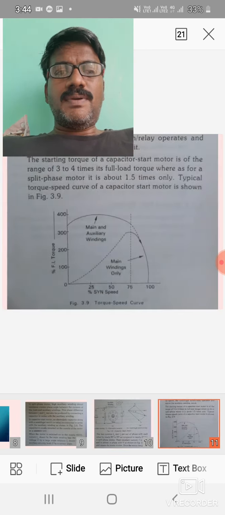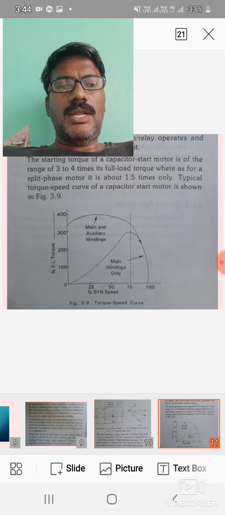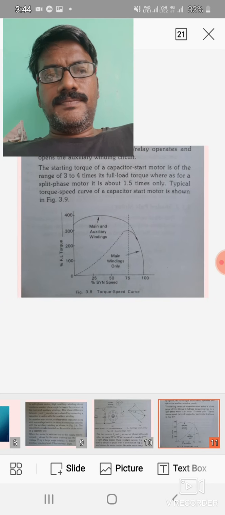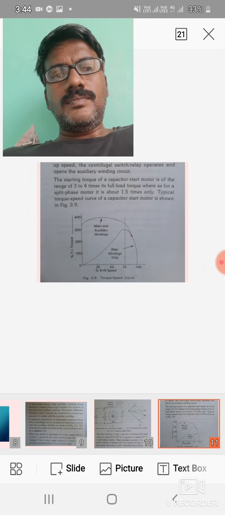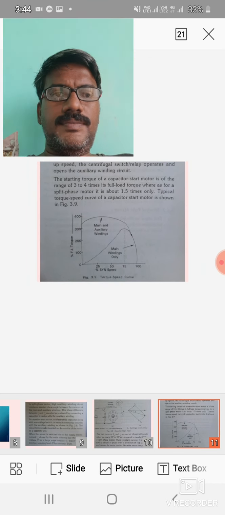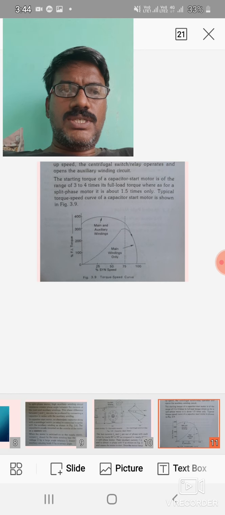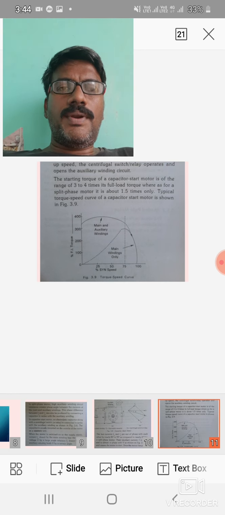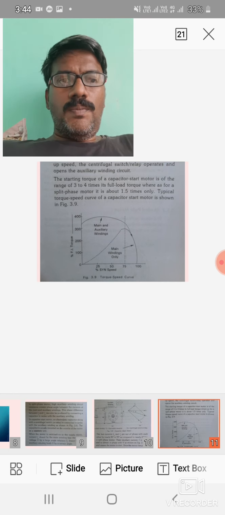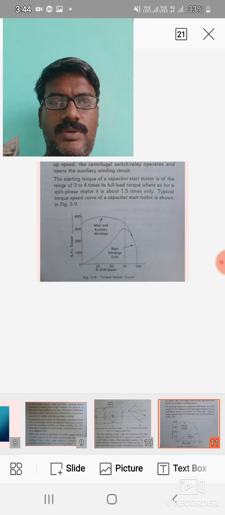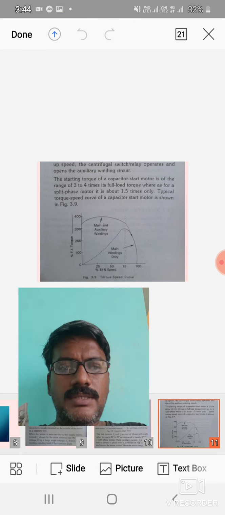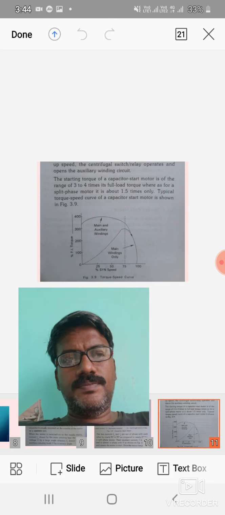Once the motor picks up speed, the centrifugal switch or relay operates and opens the auxiliary winding circuit.